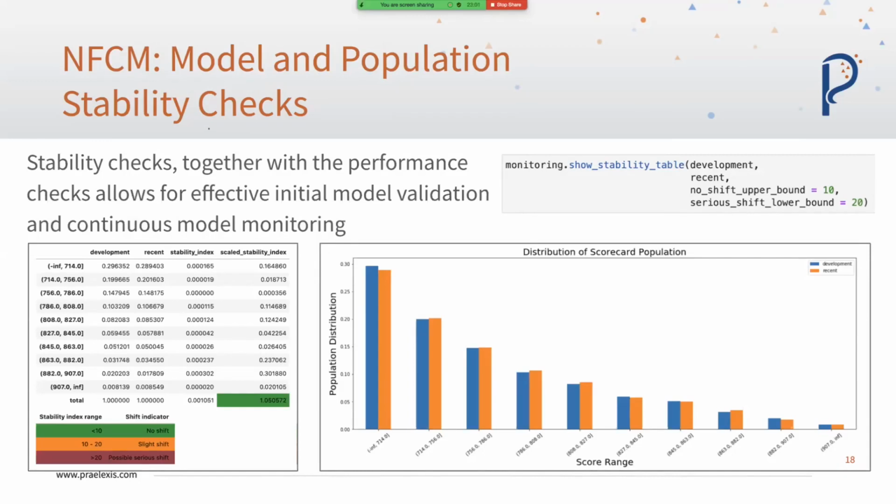It is therefore essential that deployed models are continuously and automatically monitored to ensure that any deviation in performance is identified immediately to ultimately prevent loss of revenue. Again, on the slide is an example of such a model and population stability check as done in the tools that we developed.